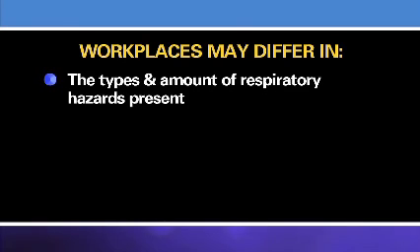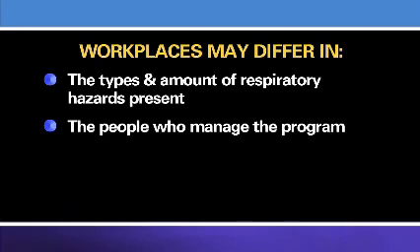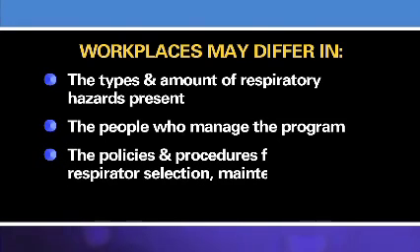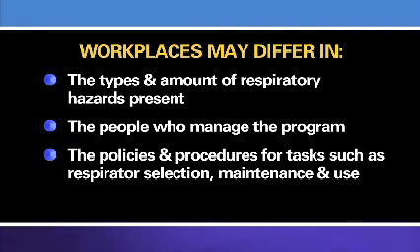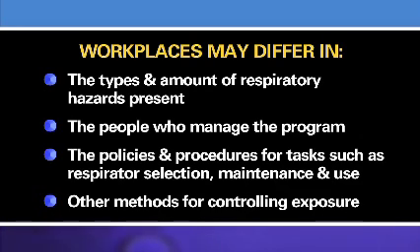For example, workplaces may differ in the following ways: the types and amount of respiratory hazards present, the people who manage the program, the policies and procedures for tasks such as respirator selection, maintenance, and use, and other methods for controlling exposure, such as using wet cutting techniques to reduce airborne dusts.